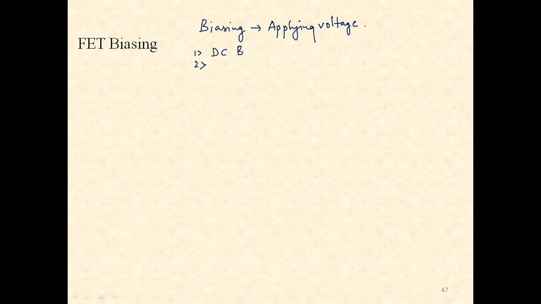The first one is DC biasing, and the second one is AC biasing. The study of DC biasing is called DC analysis, and if the signal is biased with respect to AC, then we call it AC analysis.